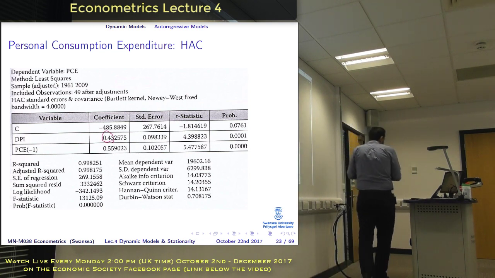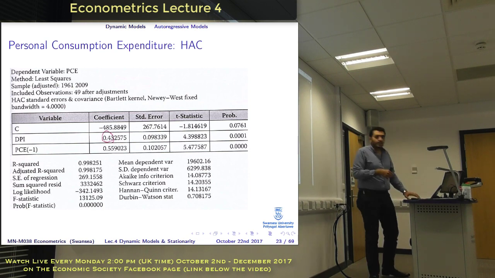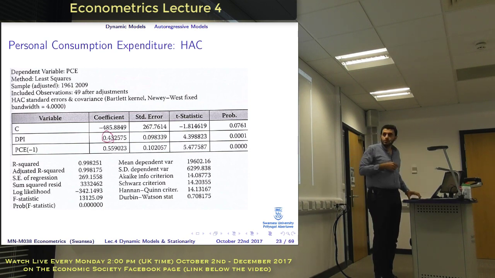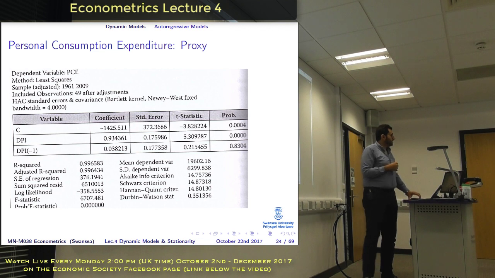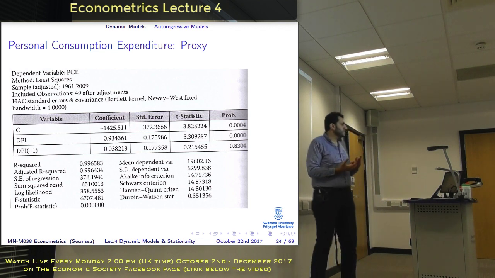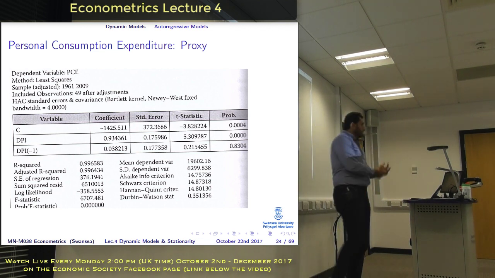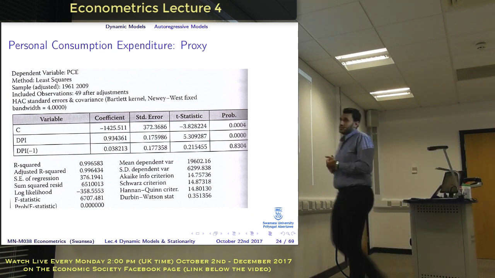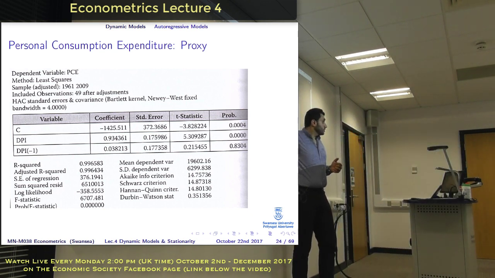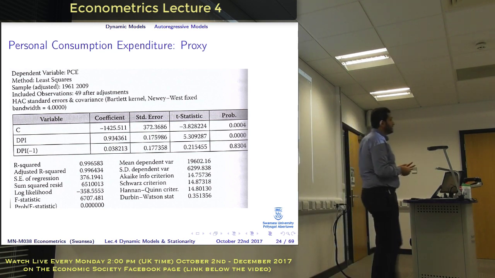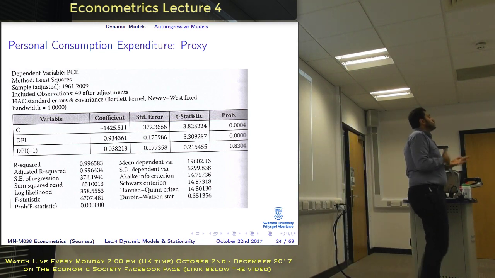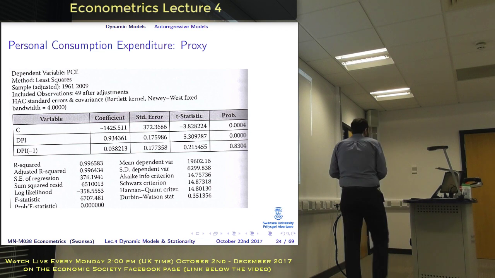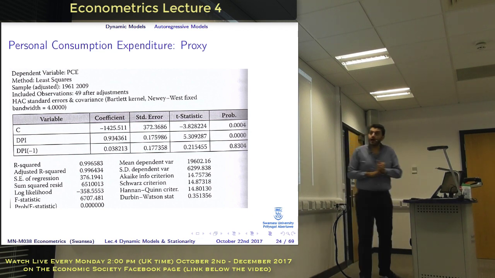So if we assume that, let's say, income in time t minus 1 is correlated with consumption in t minus 1, but is not correlated with the error term. This is not the best one to use. You could use wealth if you have data on wealth. So you could try to find another variable that is highly correlated.